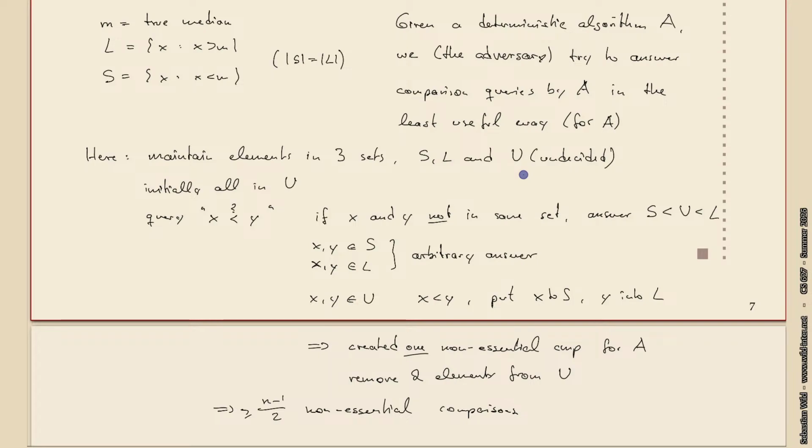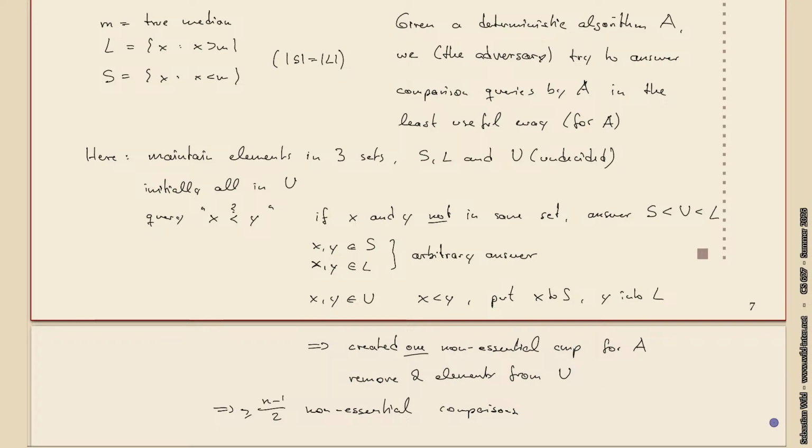You can keep them around and then do a lot of case distinctions on what the adversary should do, and you can make the algorithm pay a few extra comparisons. But that gets super technical, and I think it's worth doing once, but not digesting in a lecture. The key idea is these kind of reasonings of maintaining the elements in some sets and choosing when to answer what.